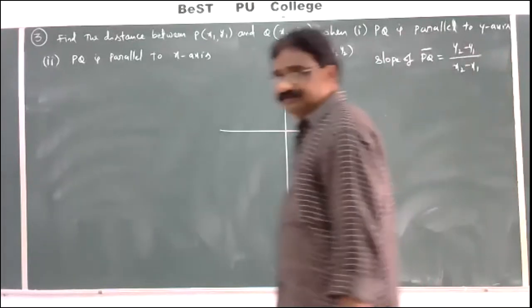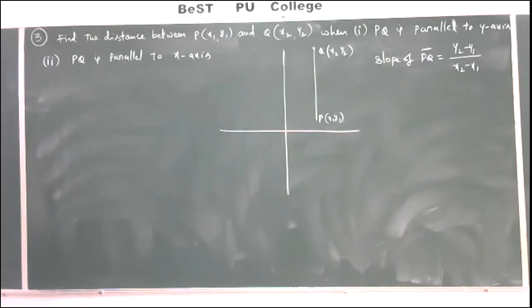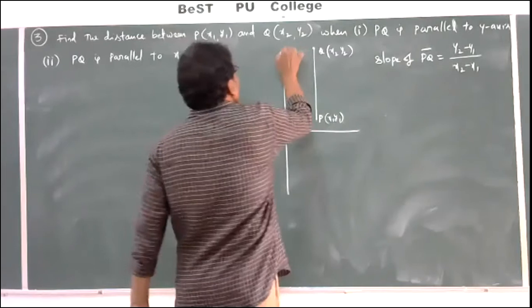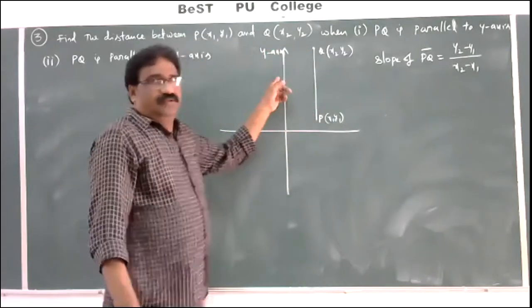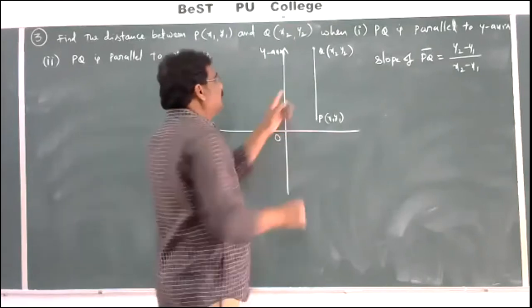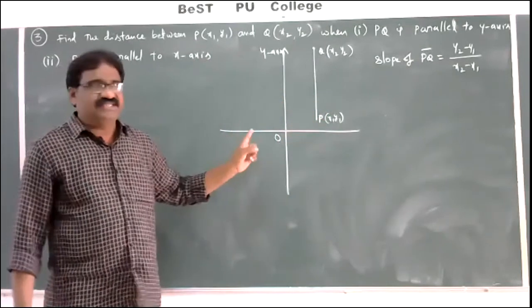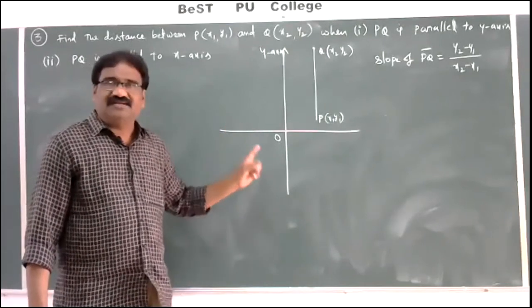You know the formula? But this line is parallel to the y-axis. So, if two lines are parallel, then their slopes are equal.